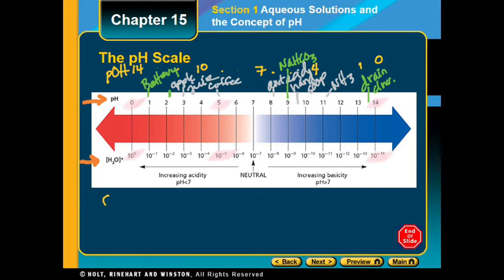If you were looking at hydroxide ion concentration values, then this would be 10 to the negative 14th because your pOH is 14. This would be 10 to the 0 since your pOH is 0. Still 10 to the negative 7, but if I added some of these others, 10 to the negative 4 for some of the numbers that I added up top, 10 to the negative 10 over here.